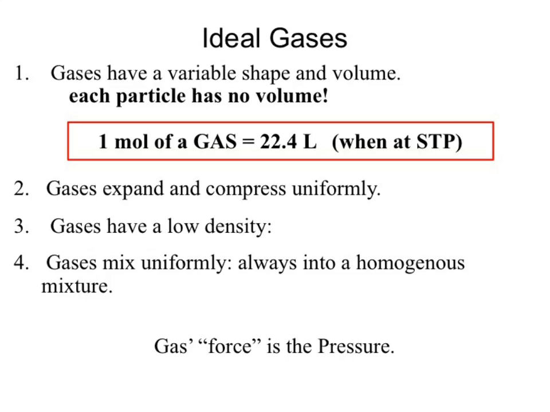But what we noticed when we tried to fill a balloon with different gases, and we put in the same amount of atoms, was that it gave us the exact same volume. Okay? And this only works up to a certain point. There's a couple conditions that go with that. One, we have to be at standard temperature and pressure. That's what STP stands for.